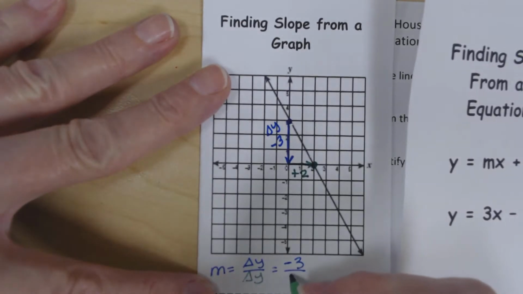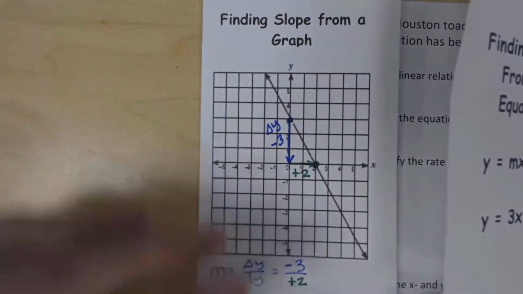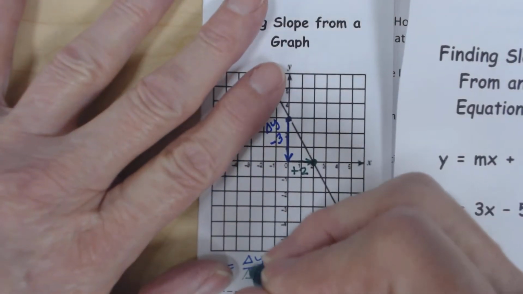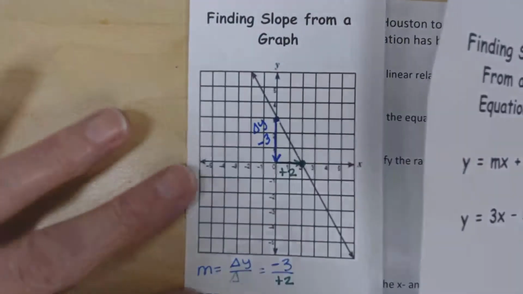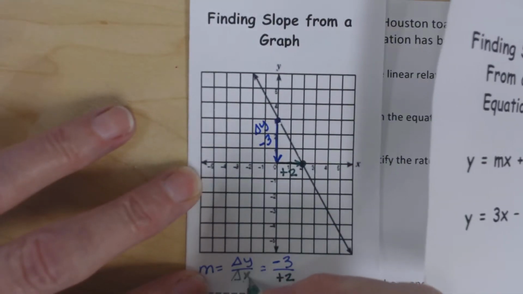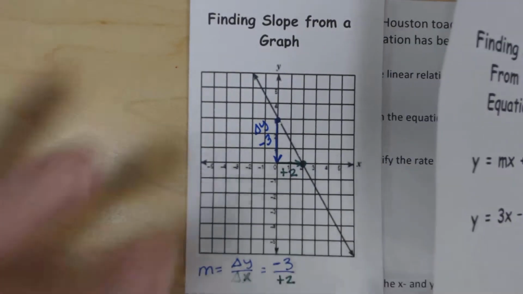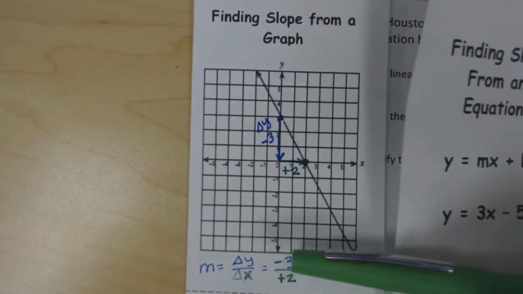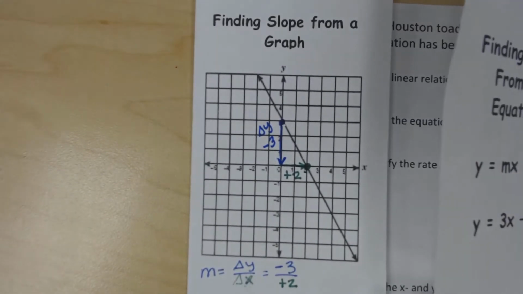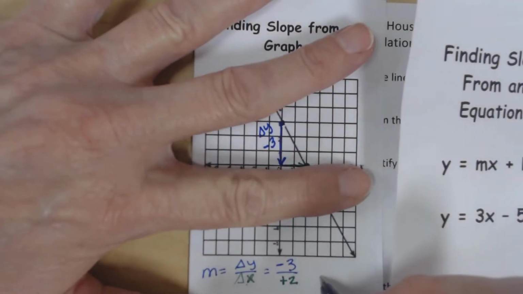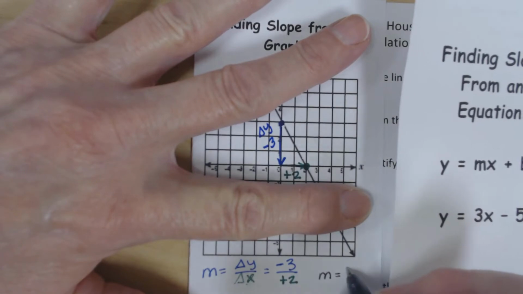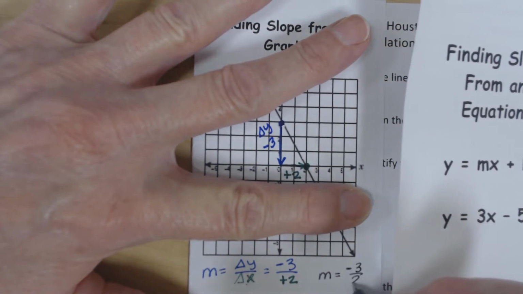So that change is +2. And for some reason, I did not write an x here. So let's make sure we have that. Change in y over change in x. And that is going to be a -3 over a +2. And when I simplify that, I simply get slope is equal to -3 over 2.